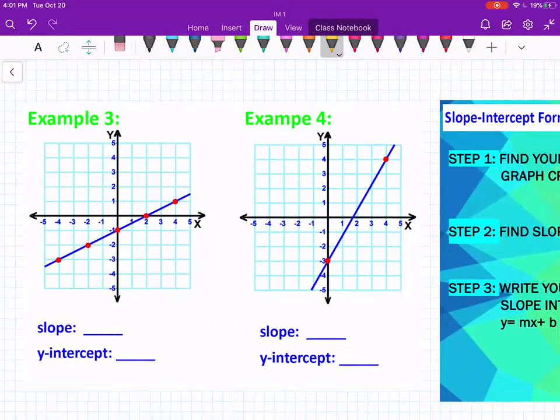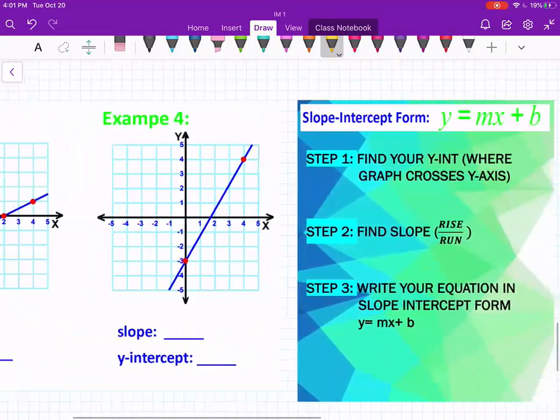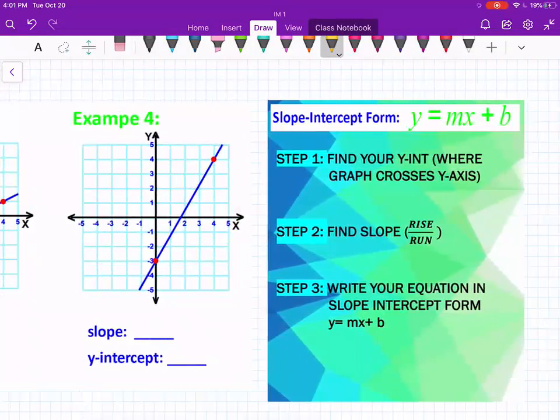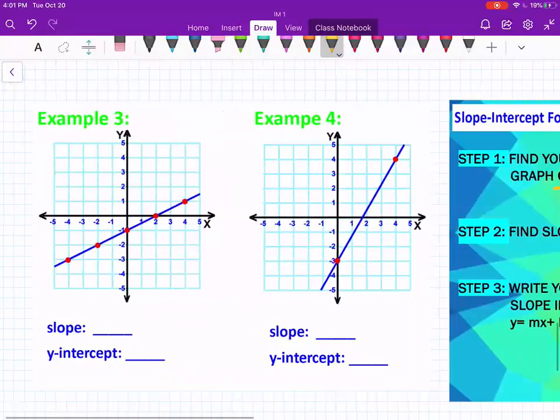How do you find slope? Well, actually, let's look at my steps, which is find your y-intercept where you cross your y-axis. And where you cross your y-axis for this first one is going to be here at -1. So our y-intercept is -1.